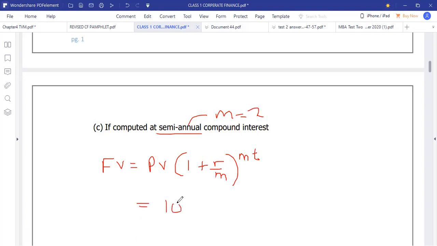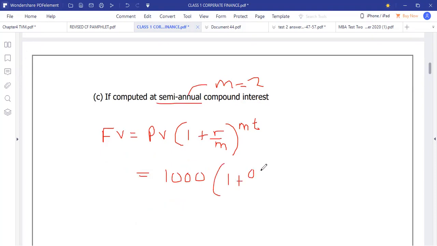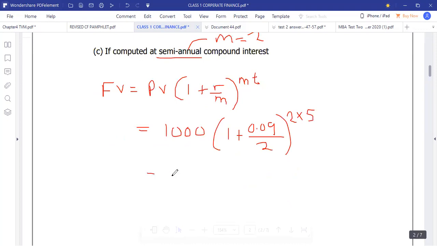So here we're going to have 1,000 times 1 plus our R, 0.09, divided by 2, then the 2 multiplied by the time, which is 5 years.